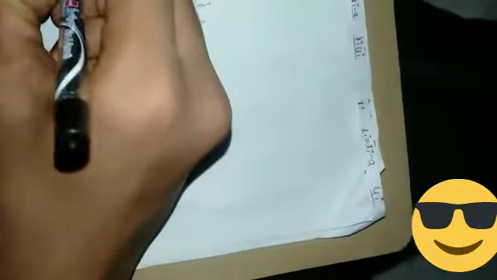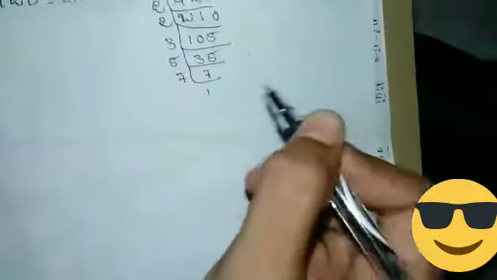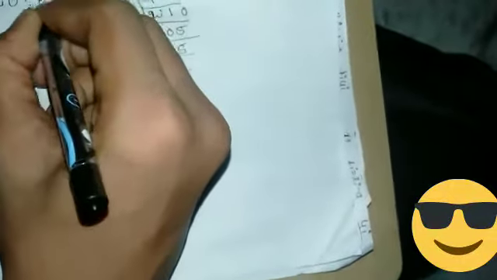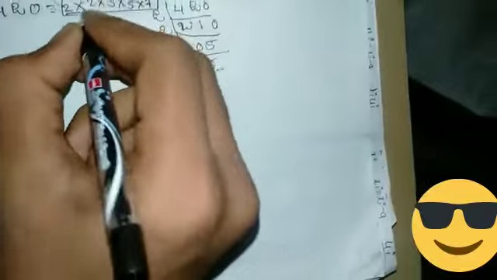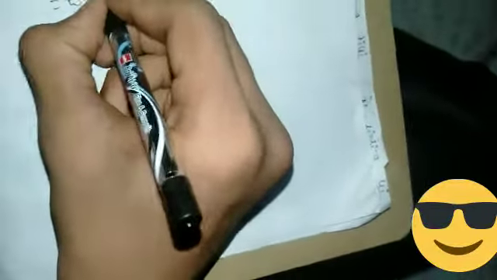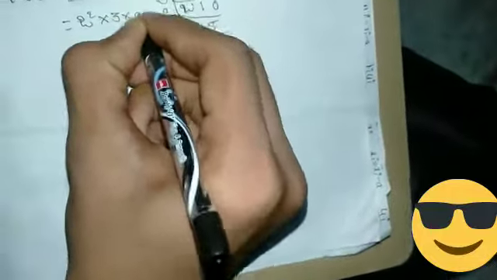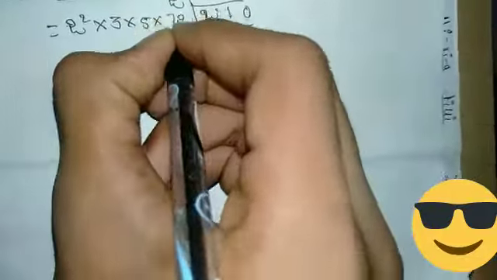So 420 can be written as 2 into 2 into 3 into 5 into 7. That means we can write it as 2 square into 3 into 5 into 7.